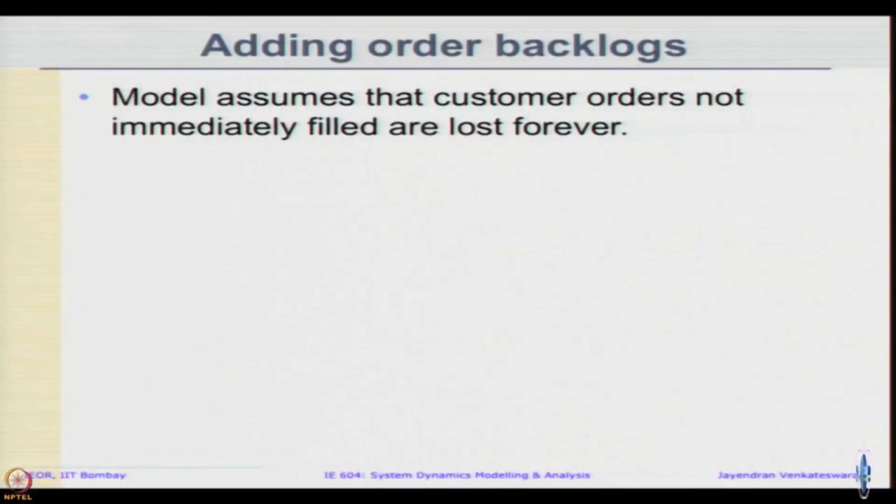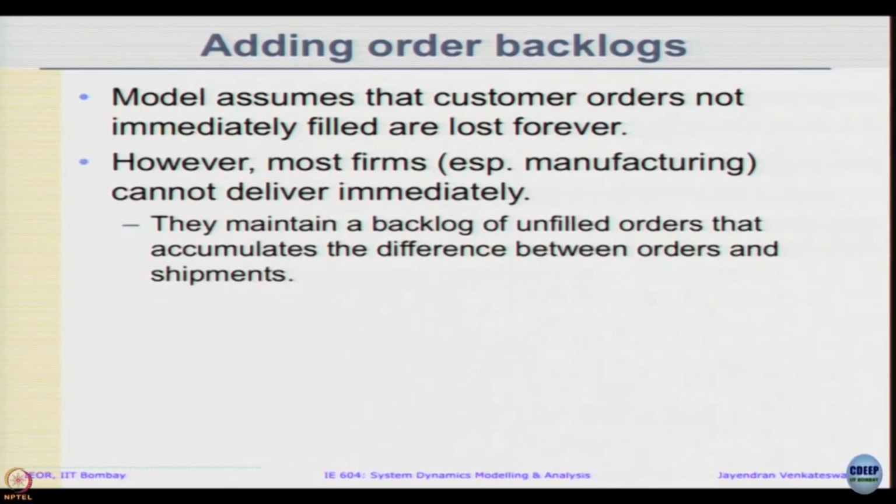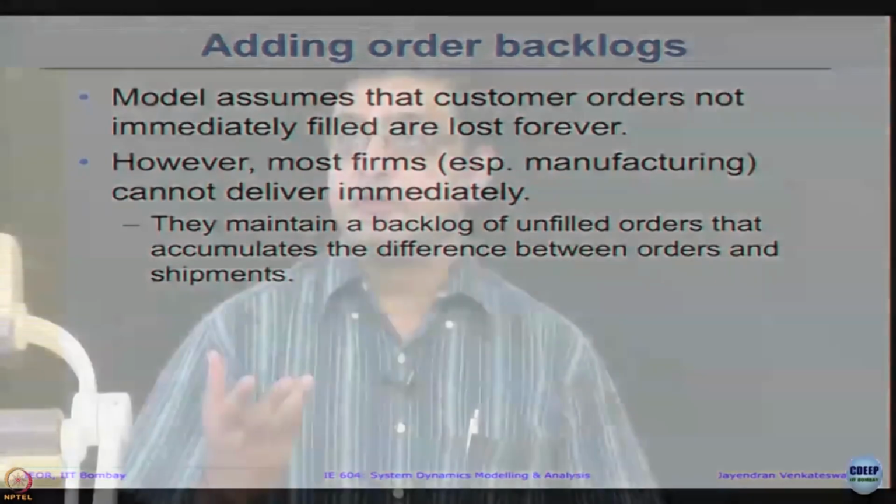but in many other firms like say manufacturing firms or even distributorships, they may not be able to deliver immediately. They usually maintain a backlog of unfulfilled orders, and only when you have sufficient inventory, then you go ahead and fill it. The backlog accumulates the difference between orders and the shipments. Most manufacturers work like that.